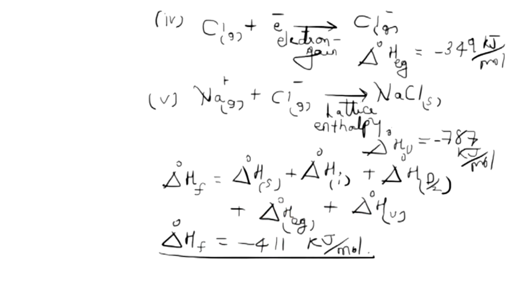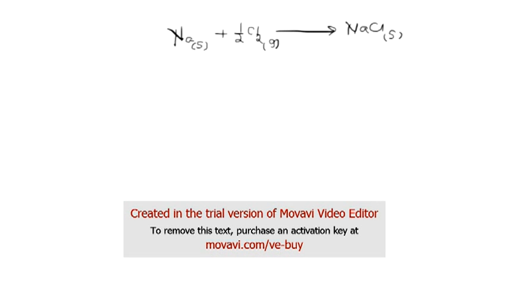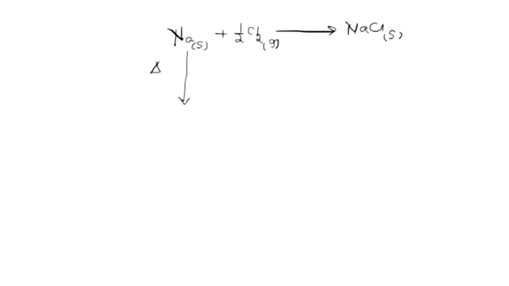So this is the entire thing. The overall Born-Haber cycle for the formation of NaCl crystal can be shown as under. You can see that there is this Born-Haber cycle which we can draw for NaCl. First of all, it is the overall reaction which I'm showing: Na solid plus chlorine gas half a mole gives you NaCl solid, the lattice.